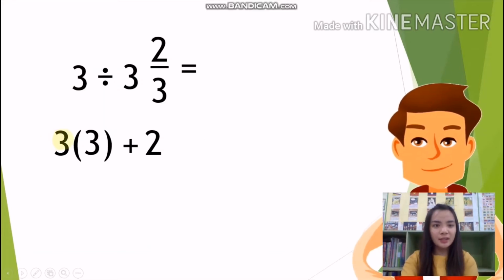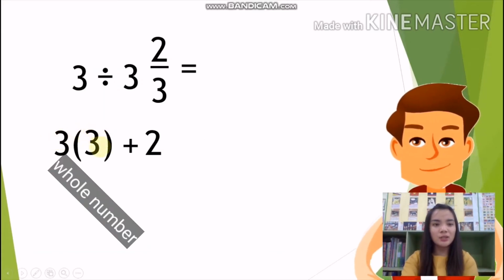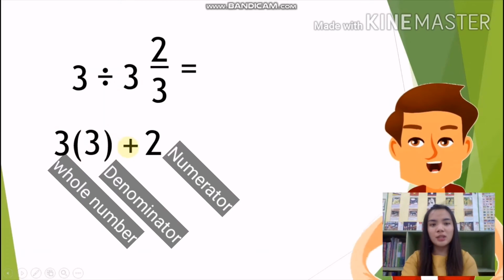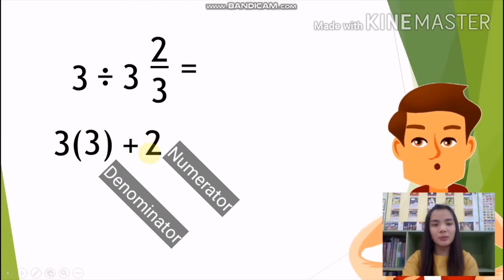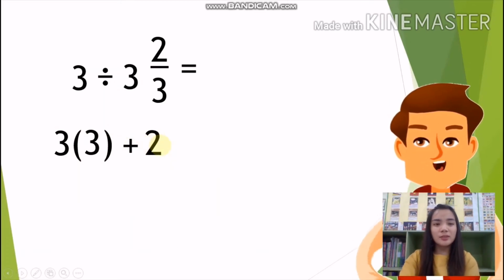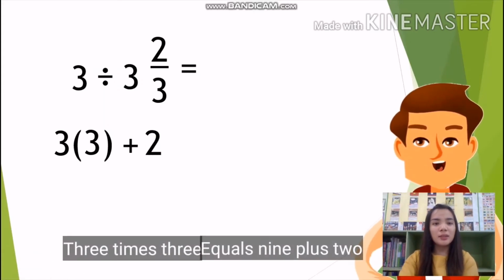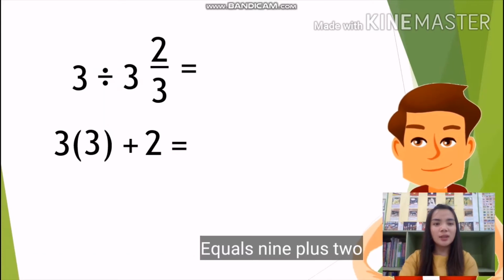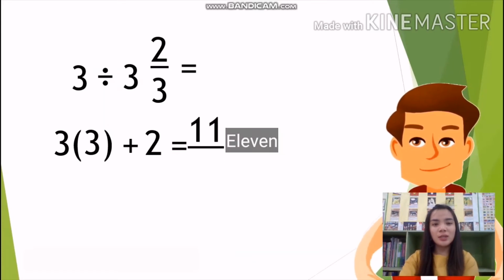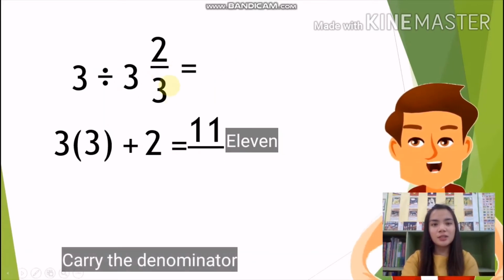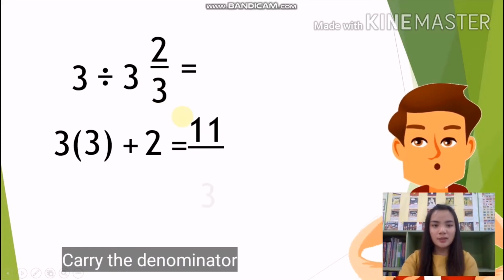So 3, our whole number, we multiply it to our denominator, then we add the number in our numerator. So 3 times 3, that is equal to 9, plus 2, that is equal to 11. Then we just carry our denominator, which is 3.